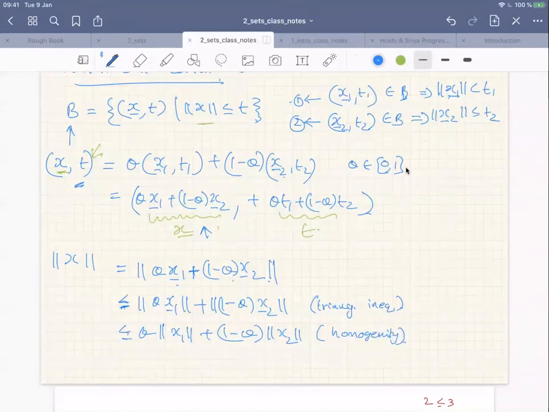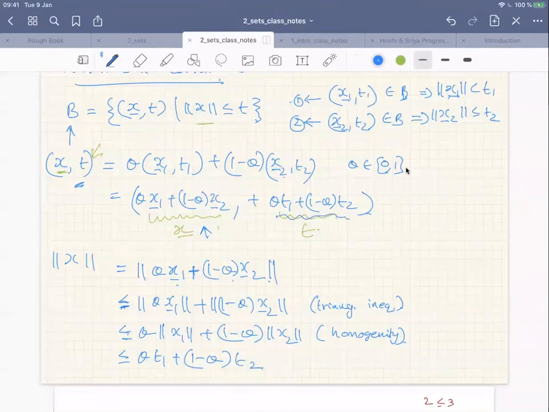So now we can see here that the norm of x1 is less than t1, and the norm of x2 is less than t2. So we can write this as less than or equal to theta t1 plus 1 minus theta times t2. What is this?